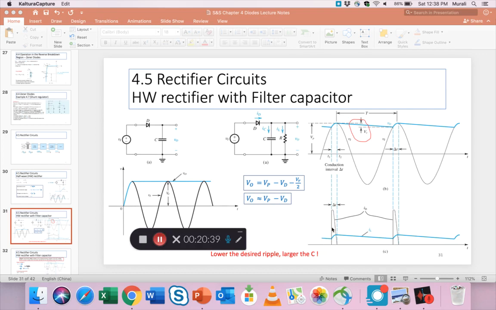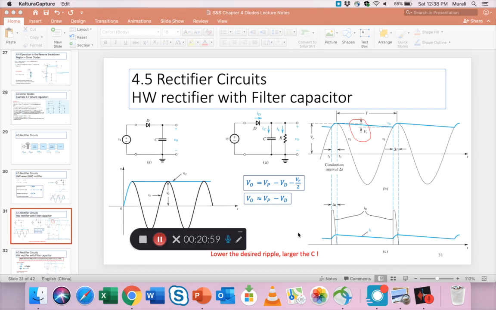If you look at the bottom portion of the waveform of the graph, you'll notice that there are two almost pulses, and they're shown to be on only for a certain amount of time called delta t.